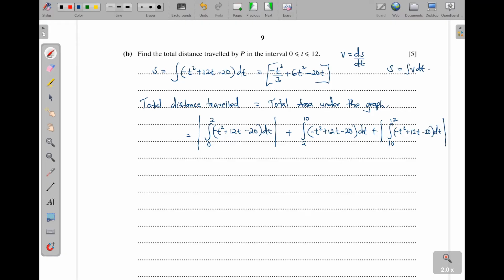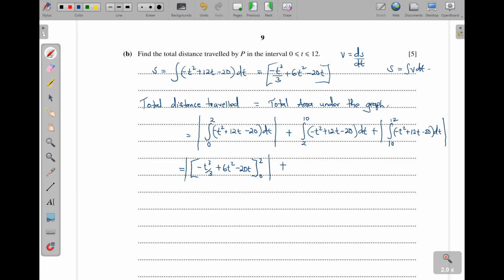Then we can now have the integral here. Already we have gotten its negative t cubed over 3 plus 6t squared minus 20t. So let's put the limits, modulus.